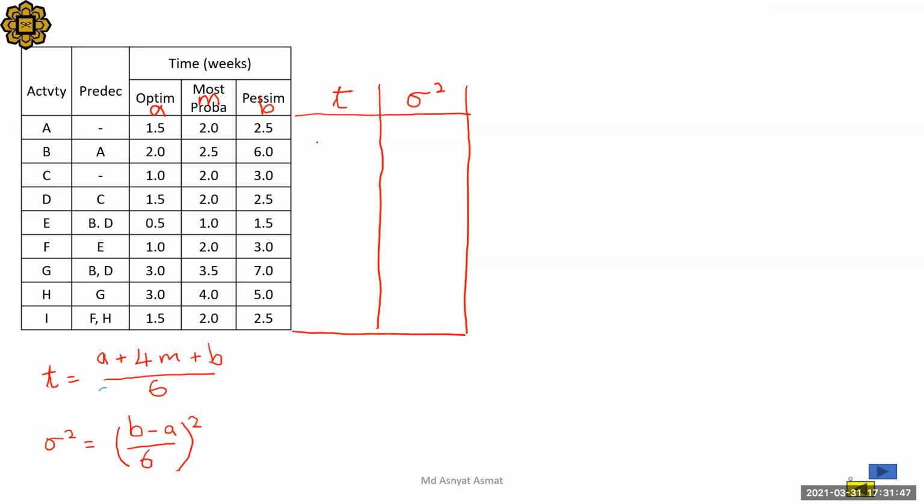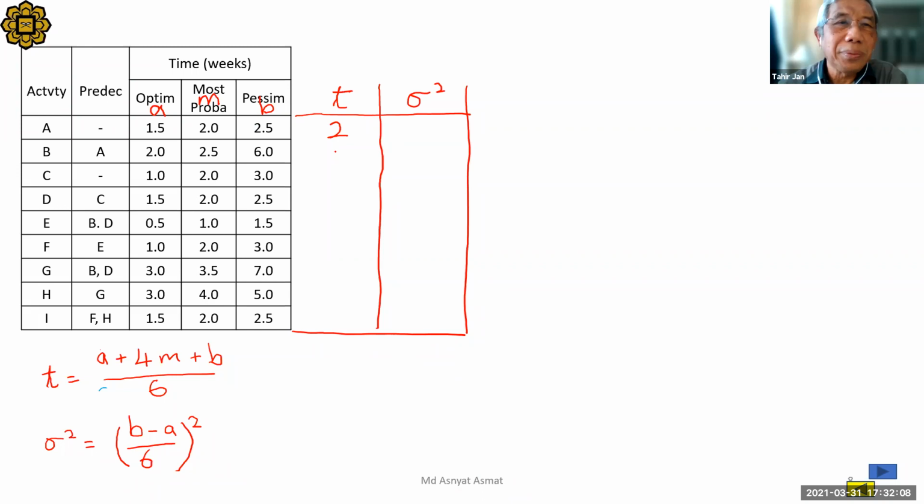Get 2. Is it close enough to most probable? Yes, close. So we should be right.